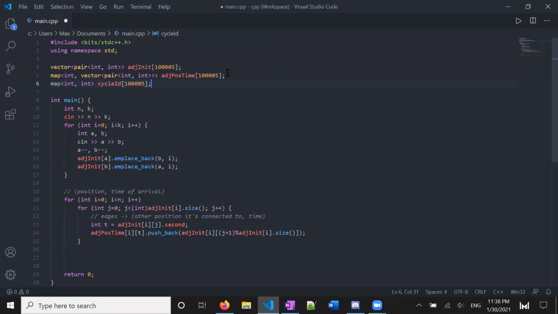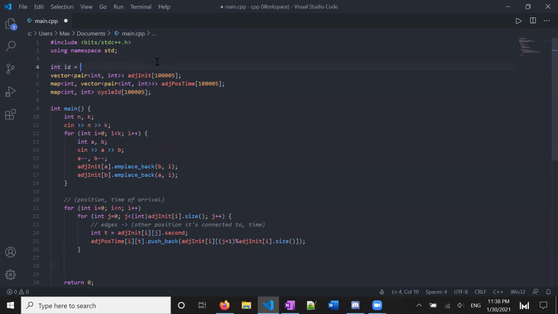Essentially each node is going to be part of some cycle, and so nodes with the same cycle ID will have the same answer. So now here's what I'm going to do. Initially the ID of the first component will be 0. So what I'm going to do is iterate for every single cow.